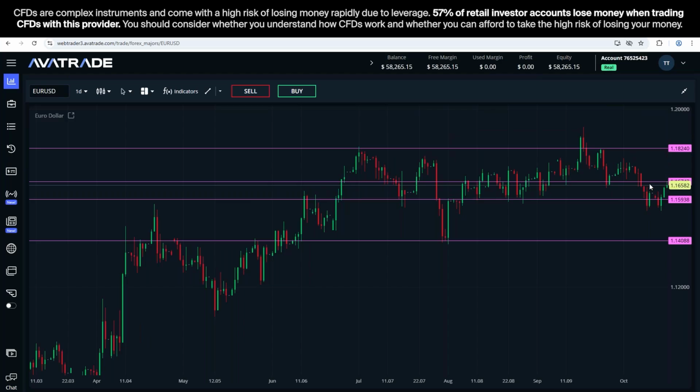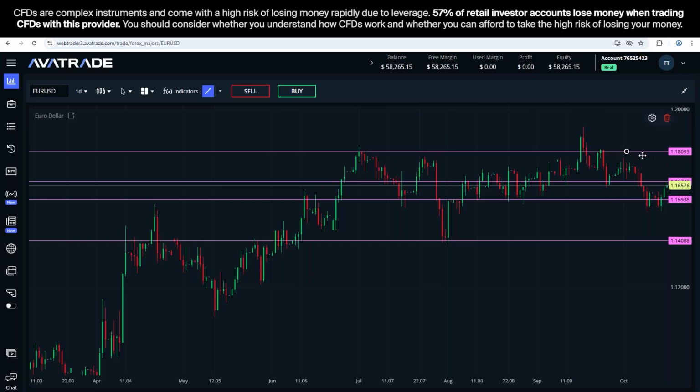You have a couple options with that. You could put a pending order above the resistance, and if it breaks through the resistance, it triggers your buy, a pending order buy up here. If you do it that way, then to risk manage, you would probably put your stop loss back below there, and your take profit somewhere up here at the next resistance level.